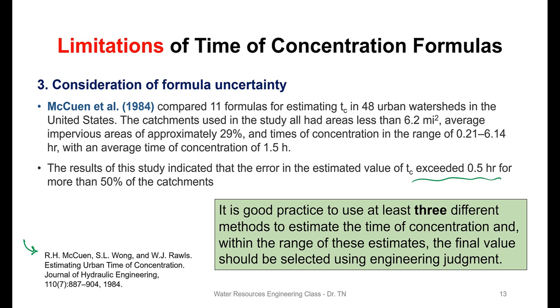If they are relatively close, that tells you that probably in your study area, the uncertainty of determining time of concentration is low. But if they are significantly different, then you need to think about how you want to present this uncertainty in the report that you are writing.